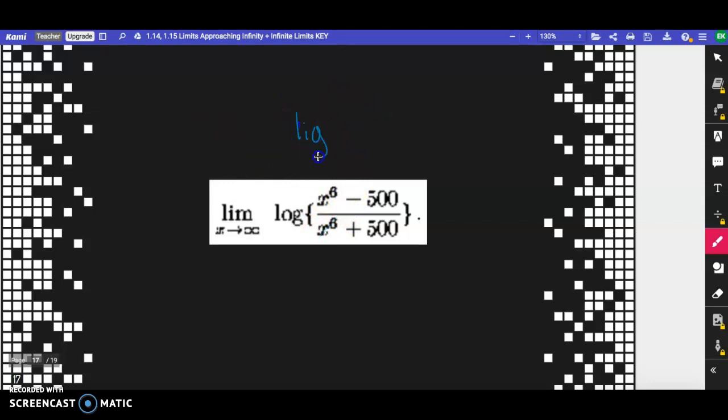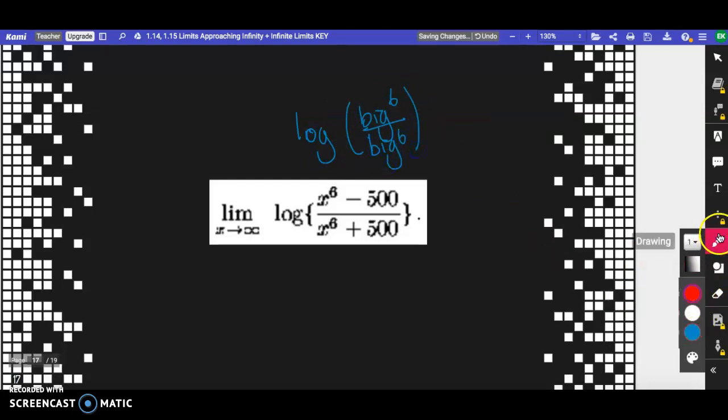So you have the log of big to the 6 over big to the 6. And so then now very non-technically we say that your bigs cancel. So really what we're finding is log of 1, which is 0.